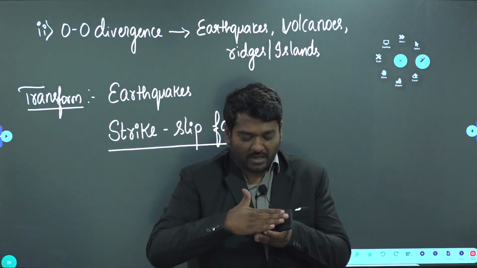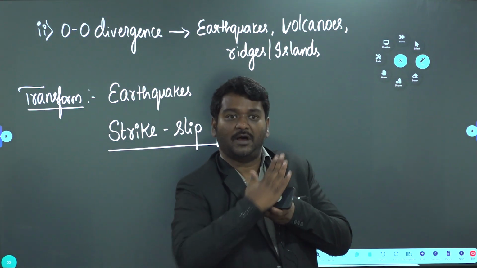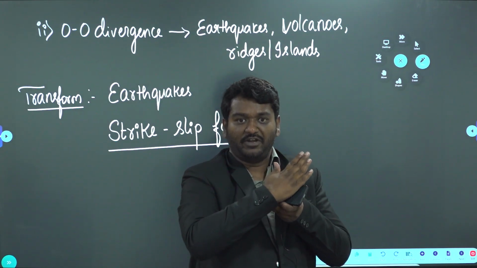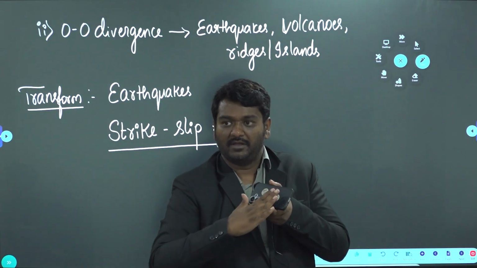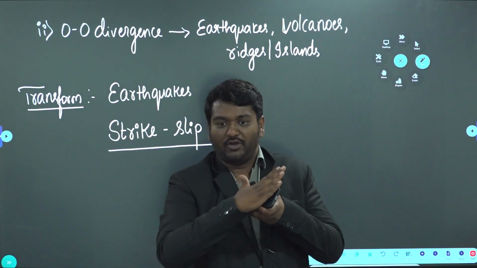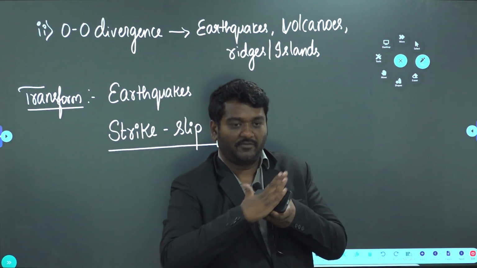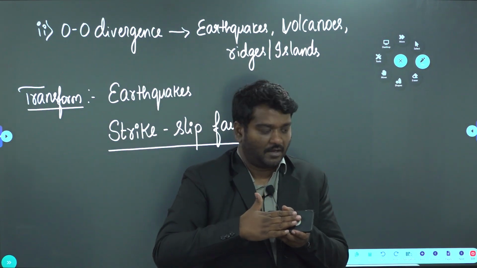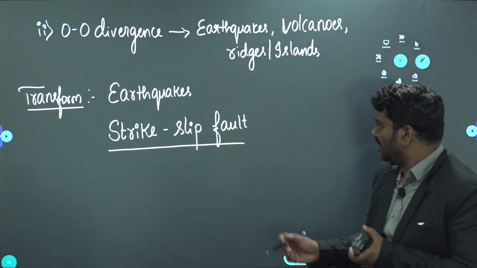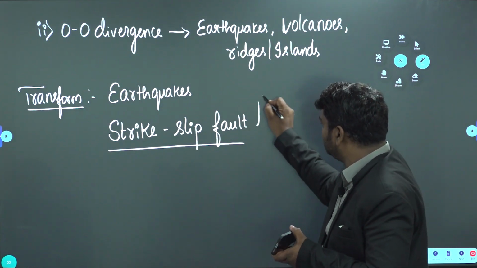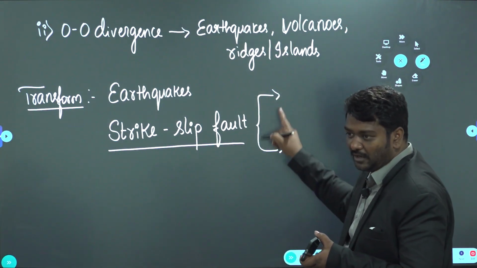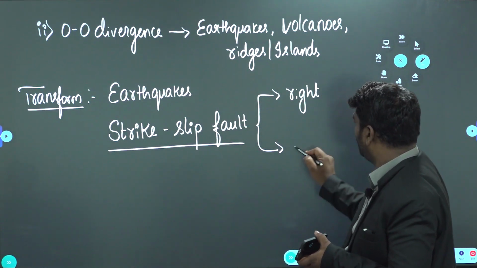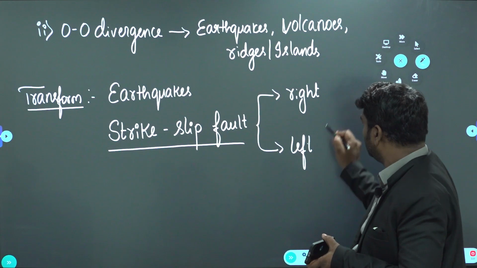Second, you see, whenever it moves above, it's called reverse. When it moves below, it's called normal. Normal fault, reverse fault, strike, slip, fault. Okay, I'll come to the normal and reverse. Whenever the strike, slip, is it horizontal? It may be towards right or it may be towards left.